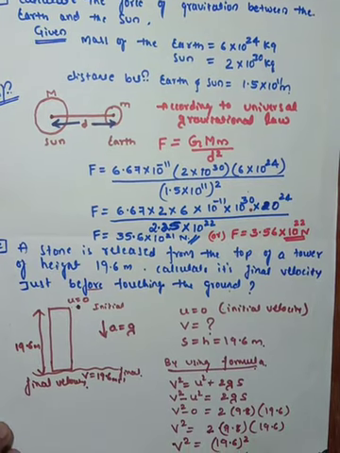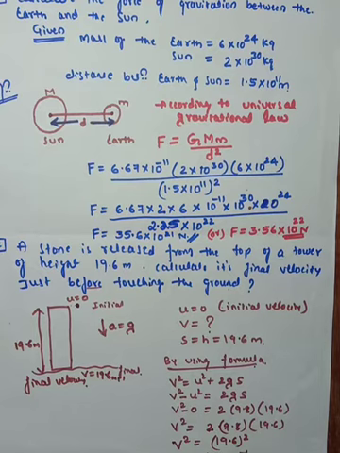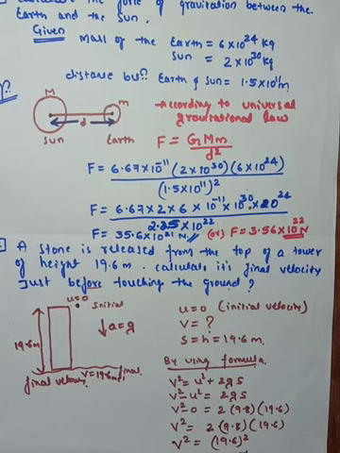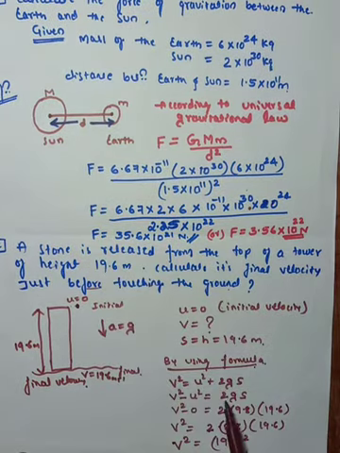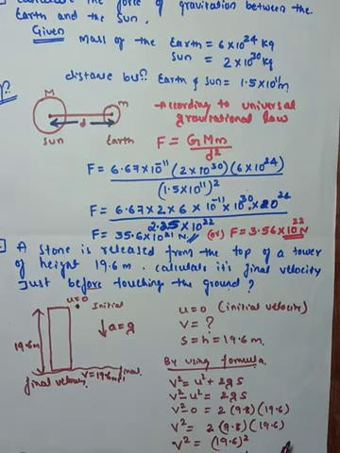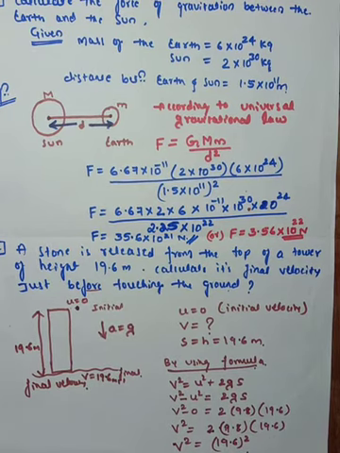This is the way to solve any problem. Hope you understood. It is towards the ground, so I have to take it as plus. Away from the ground, you can take it as minus. Hope you understood these things.